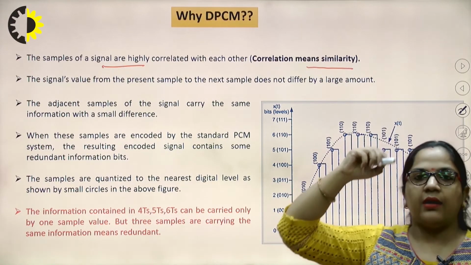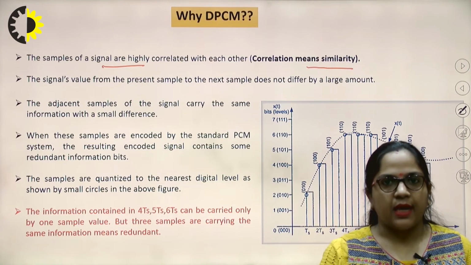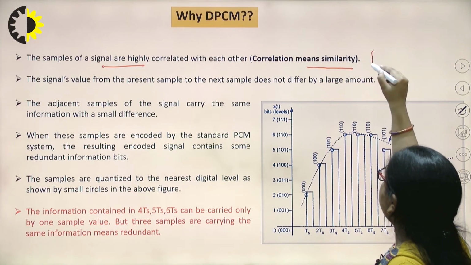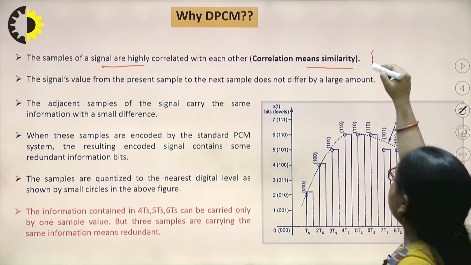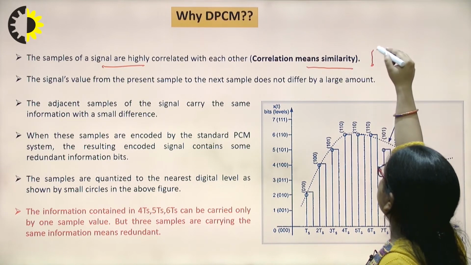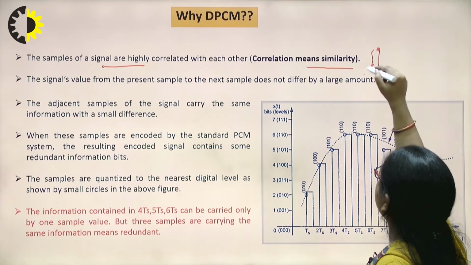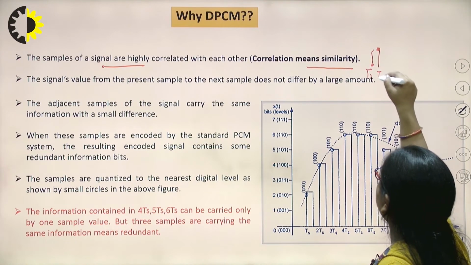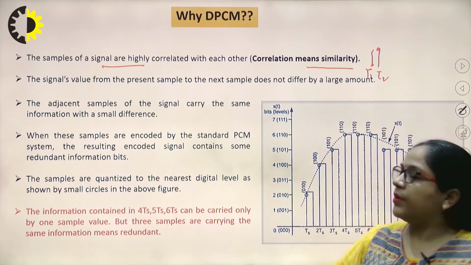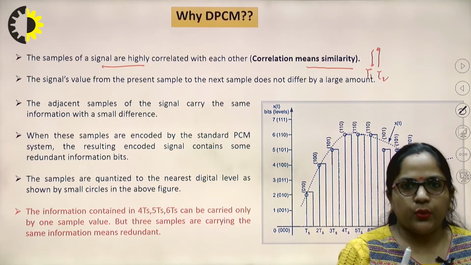If we sample some analog signal and our sampling rate is high, then one sample at a particular time instant and the next sample near to that, there will be much similarity between these two samples. Let's say T1 and T2. Okay. So the samples are highly correlated to each other.